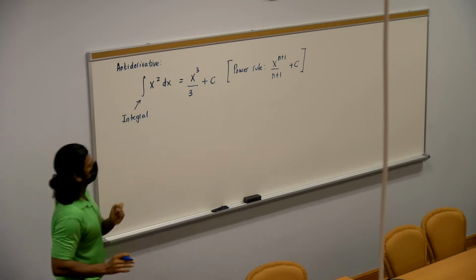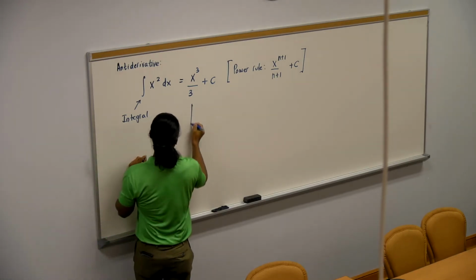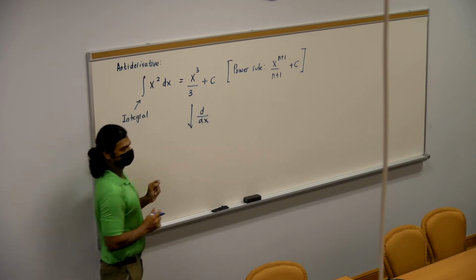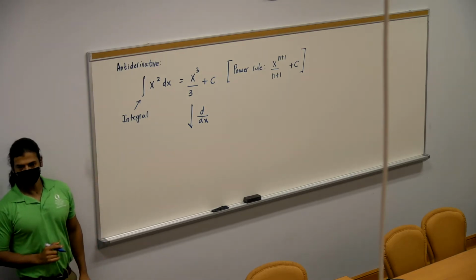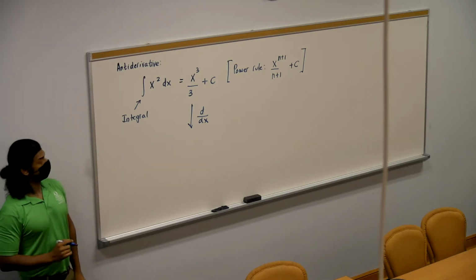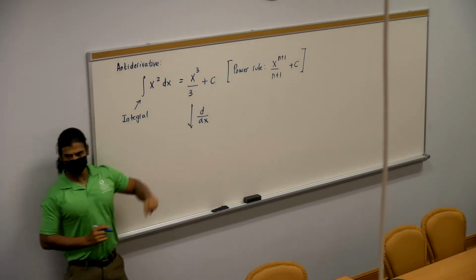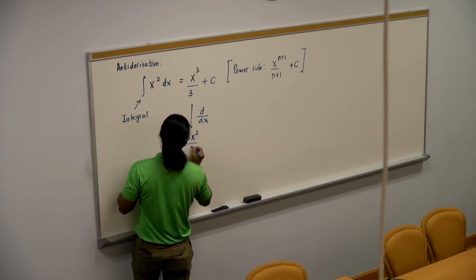Why do we call it an antiderivative? If I took the derivative of the answer, what is the derivative of x cubed? 3x squared over 3.